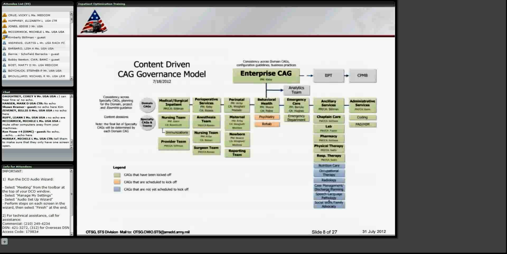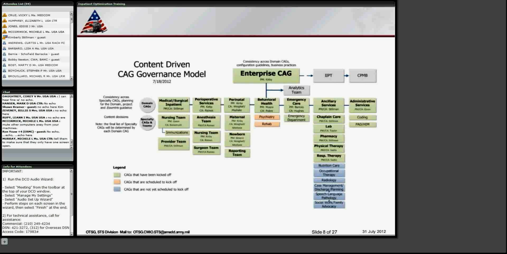You can see all of the different groups that are going on right now. We have med-surg nursing, provider, perioperative anesthesia, nursing, surgeons, perinatal, to include the maternal and the newborn side. We also have behavioral health that just started up. The emergency care, which AMED's not really involved with, but there is an ED group as well.